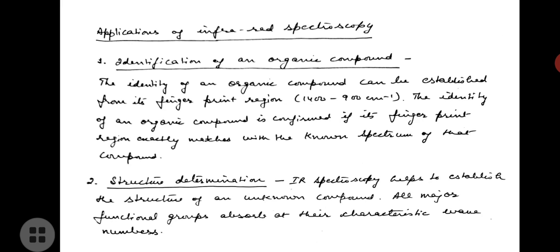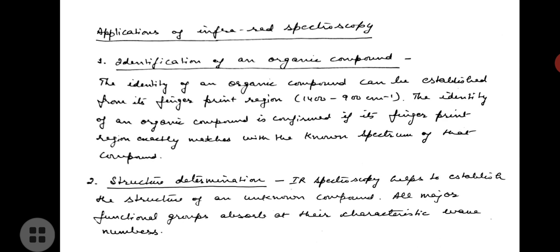Well, the first one is the identification of an organic compound. The identity of an organic compound can be clearly established from its fingerprint region, that is from 1400 to 900 cm⁻¹.